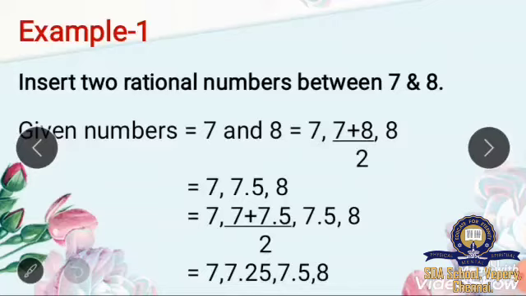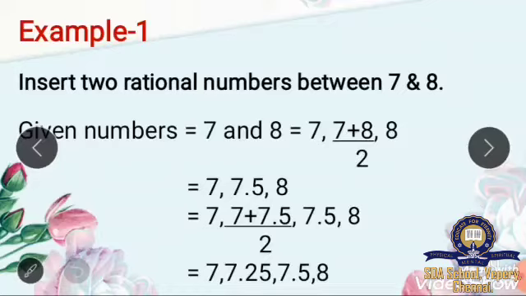Okay, let's see with an example. Now in this question they have given: insert two rational numbers between 7 and 8. So according to this condition, we are going to insert two rational numbers in between these numbers. The given numbers are 7 and 8. According to the previous condition, we are going to add these two terms and divide by 2.